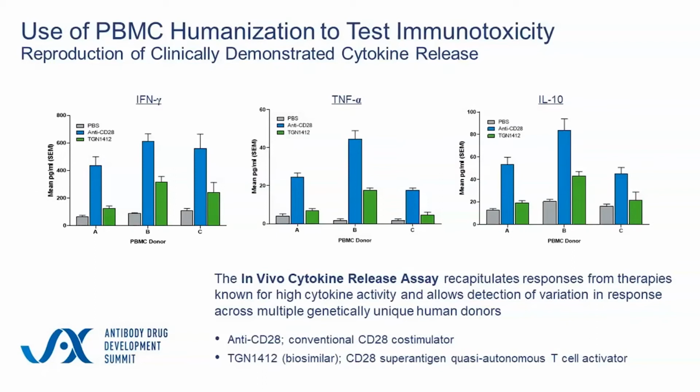And those are really kind of the gold standards. However, if we use the TGN1412 example from 2006, this molecule was tested in both of those platforms, and neither of those platforms uncovered the cytokine release toxicity that was observed when this molecule was used in patients for the first time.